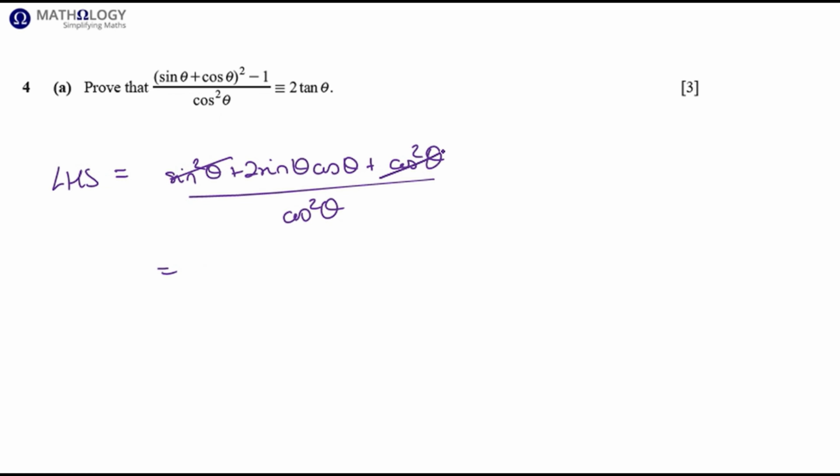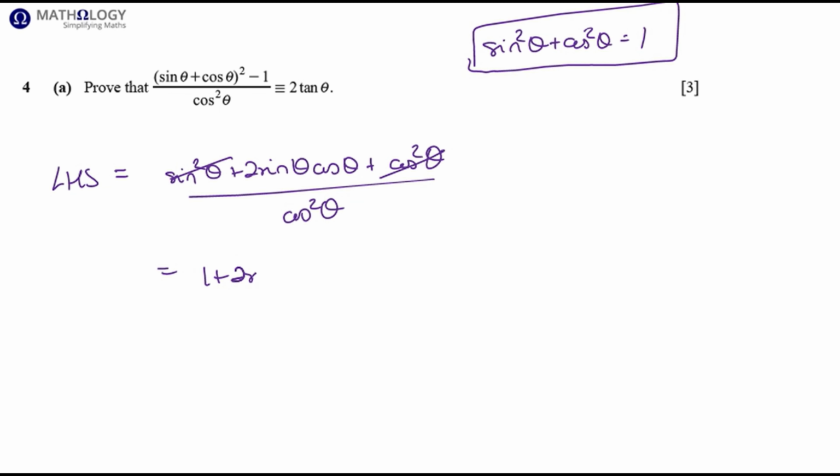Sine squared theta plus cos squared theta equals 1. That is your square identity. So we'll have 1 plus 2 sine theta cos theta over cos squared theta. Sorry, we forgot a minus 1 as well in the numerator.